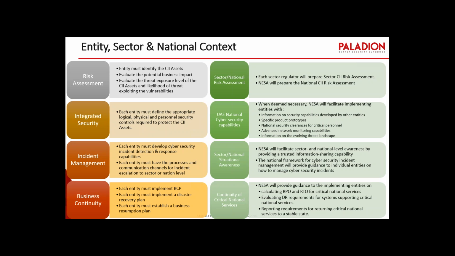As well as, NESA would also develop certain products with national level research programs, which then can be used by entities to implement their compliance. NESA can also provide security clearance to critical personnel if required. So when the implementation of logical, physical, and personnel security controls is done by the entities, NESA would facilitate them with all these various things.